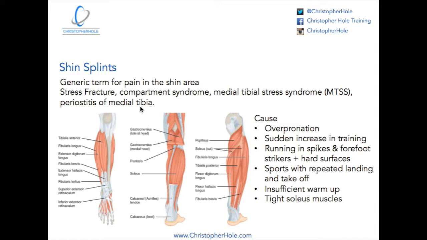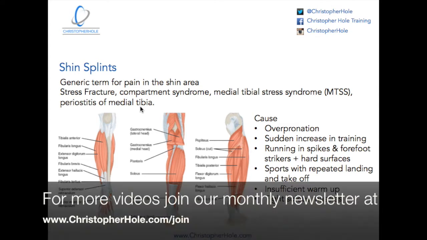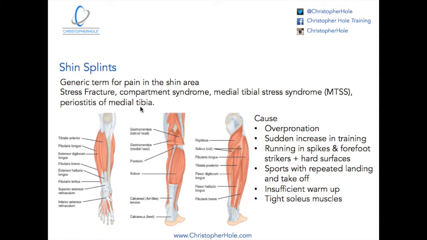Now, all of those different conditions are a condition in their own right and will probably require a video of themselves to better understand. But we're just going to stick with the shin splints for the moment, because there's a few things that we can do in order to overcome them without going too far down the line in sort of surgeries, and so on and so forth.